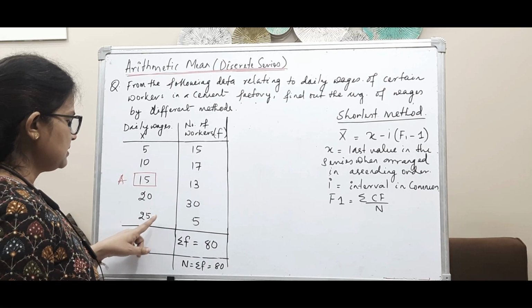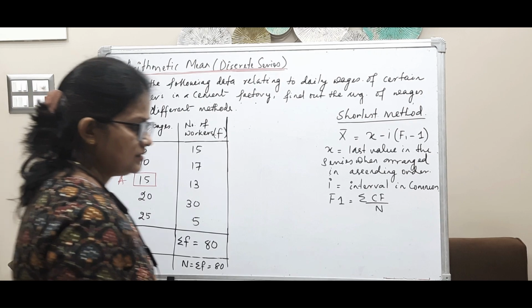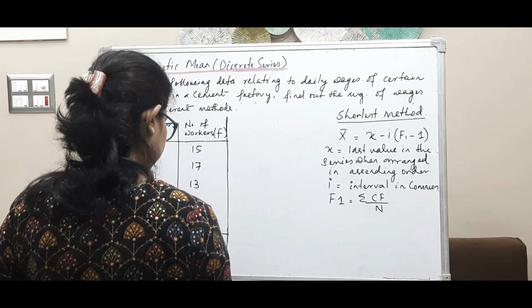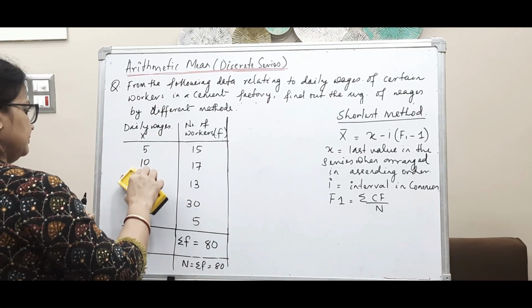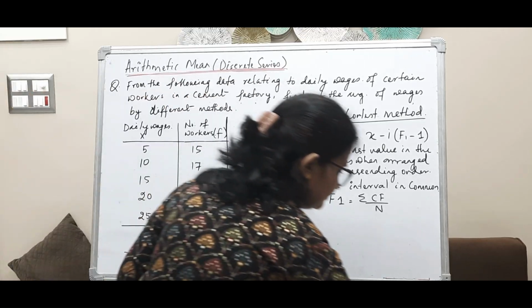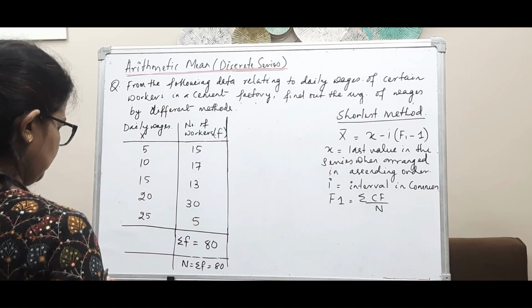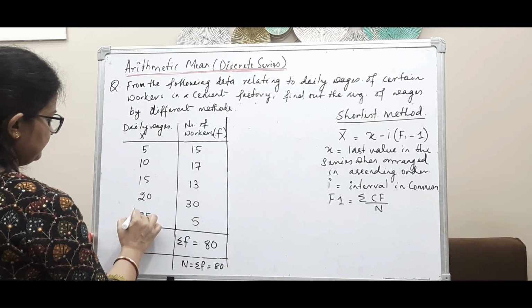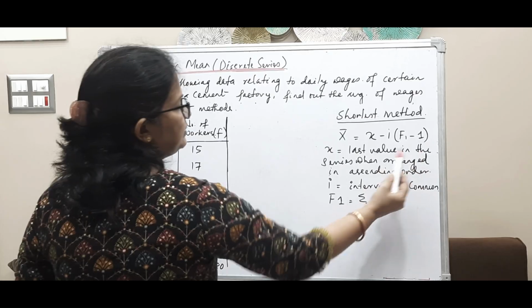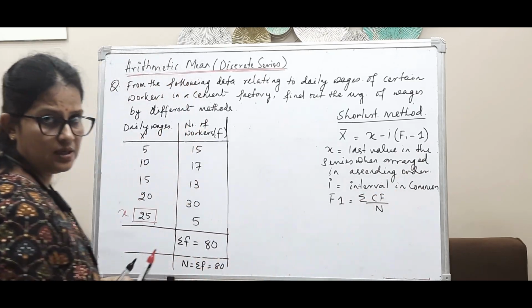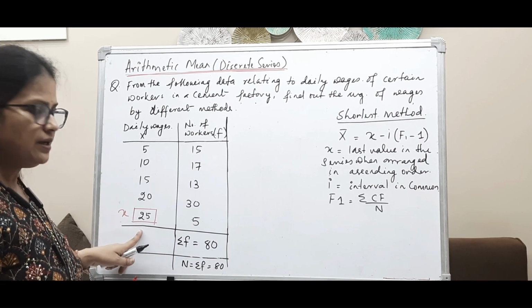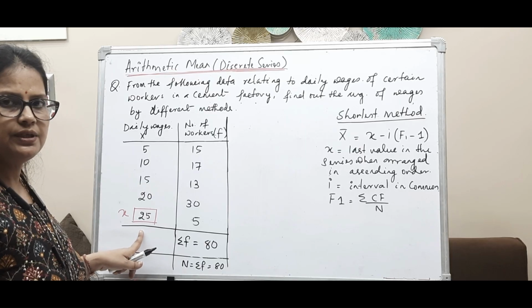So we can take the last value as 25. This is our X value, the last value in the series when arranged in ascending order.